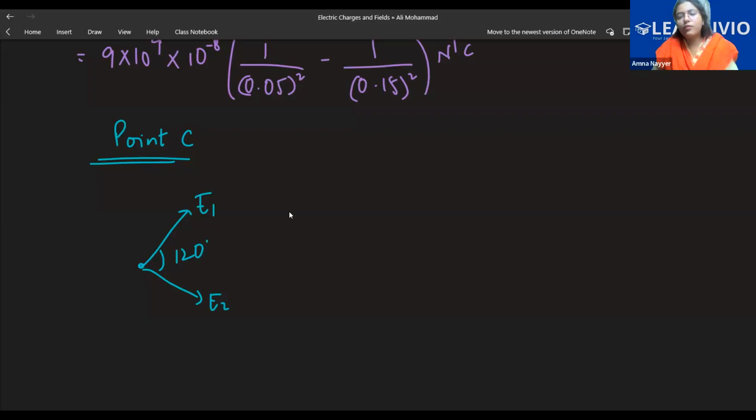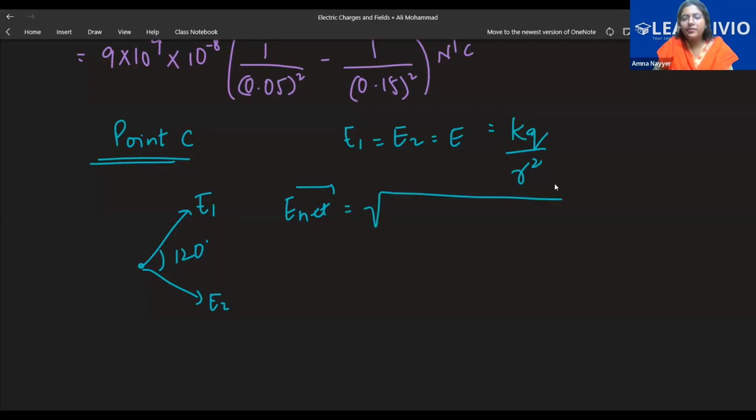So for the net resultant electric field, instead of writing this separately as E1 then E2, let us just write it as E, because the magnitude will be equal to KQ by R square only, where Q is 10 to the power minus 8 and R is 0.1 meters. So the net electric field will be the root of E square plus E square plus 2E square into cos 120 degrees.